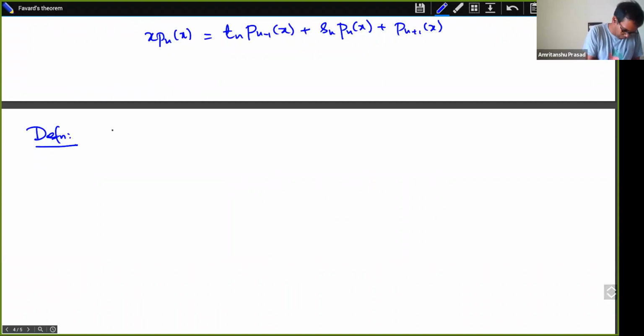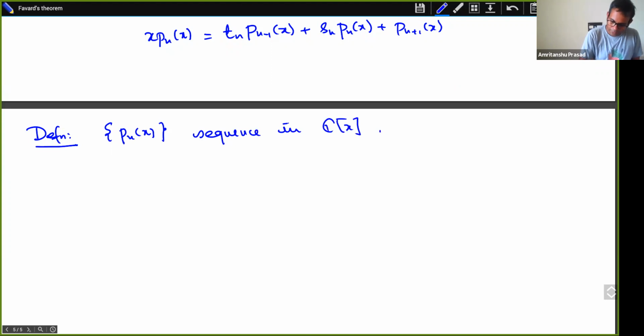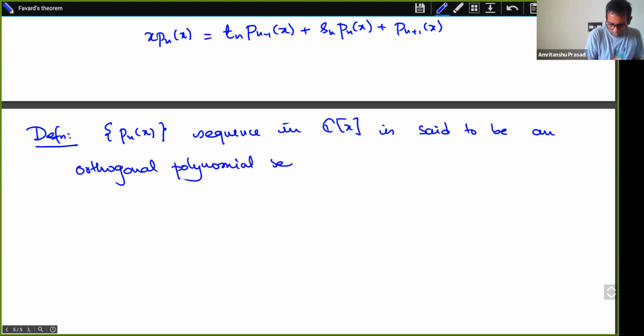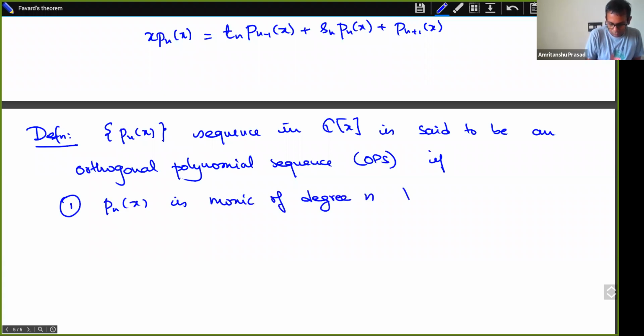So a sequence P_n(x), a sequence of polynomials with complex coefficients, is said to be an orthogonal polynomial sequence, we'll call it OPS, if firstly P_n(x) is monic of degree n for all n greater than or equal to 0.